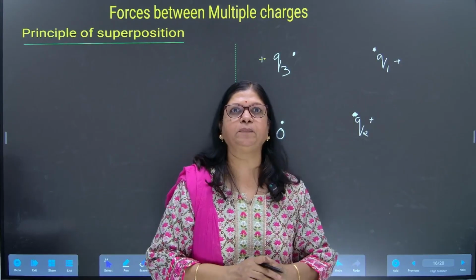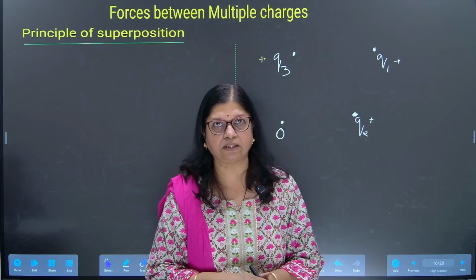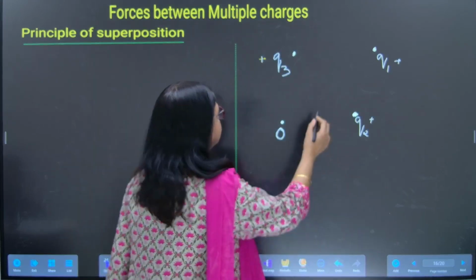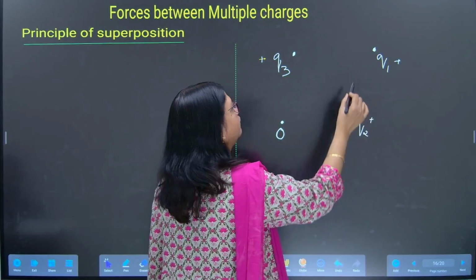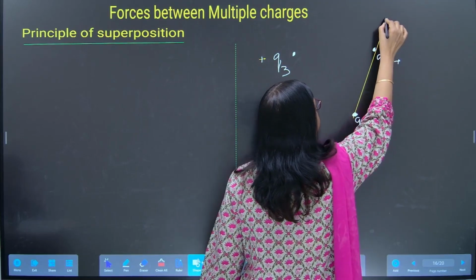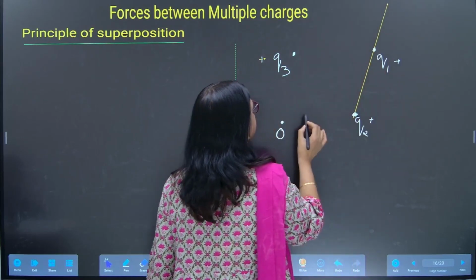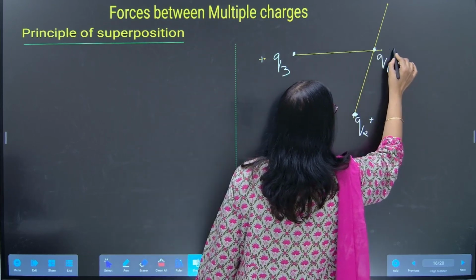All of them will repel from each other, so they have to go far away from each other. So, let us consider the push of Q2 on Q1, that is the repulsion between Q1 and Q2. Again, let us consider the push of Q3 on Q1.